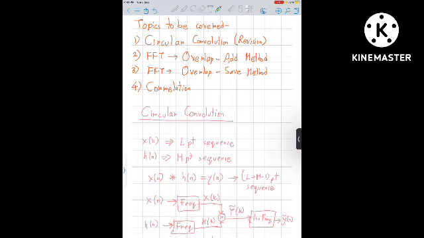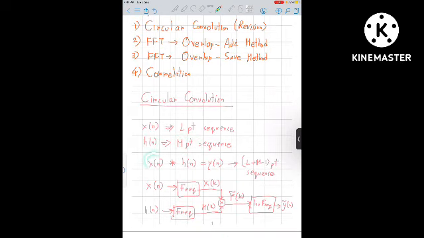Okay, fine. What I was telling just a few minutes back was that we'll start with circular convolution. Here we have x[n] as an L-point sequence, and h[n] as an M-point sequence. When I convolve x[n] with h[n], I get a sequence y[n], which is an L plus M minus 1 point sequence, as we had discussed earlier.